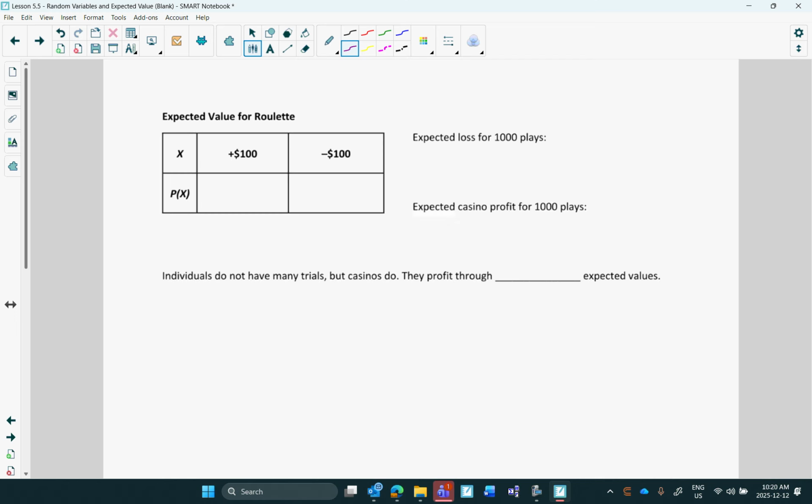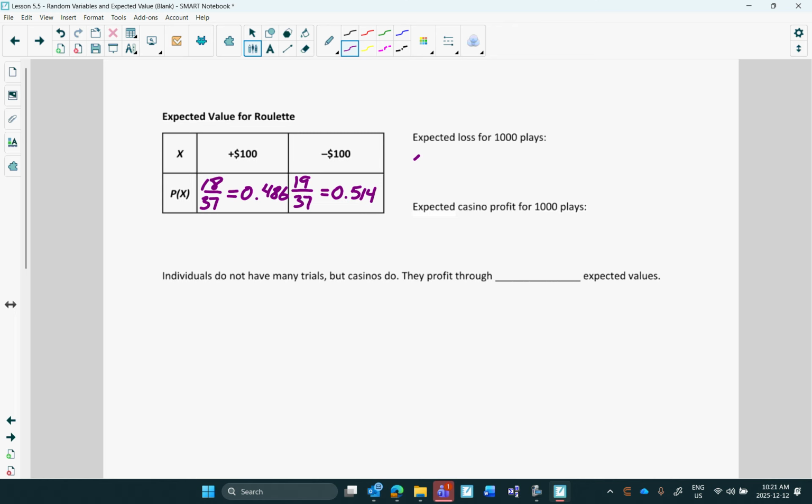Okay, this last example here. Remember, we're back to our roulette, and the probabilities are still the same. Getting black is 18 out of 37, or 0.486. Red or green is 19 out of 37, which is 0.514. We calculated the expected loss for 1,000 plays.